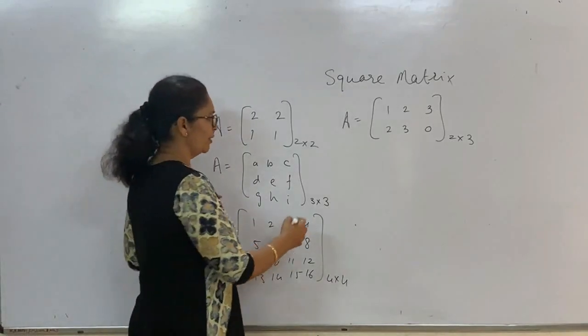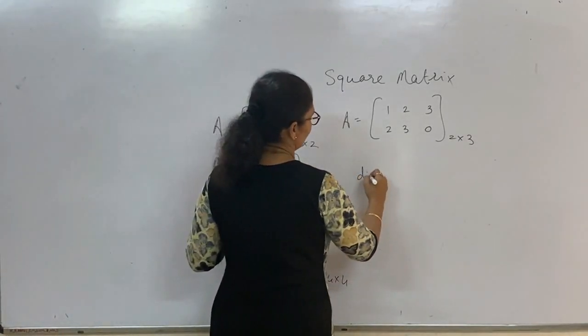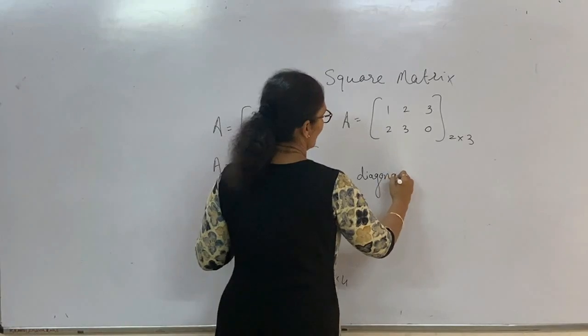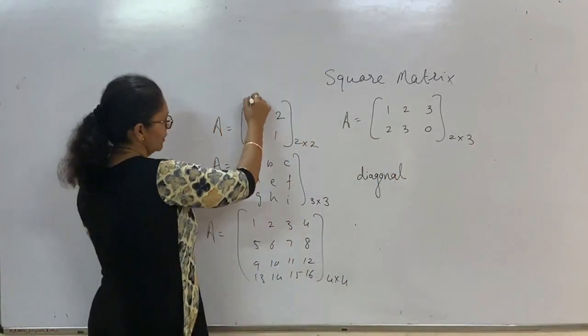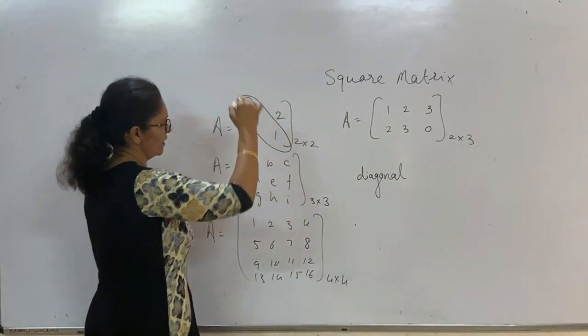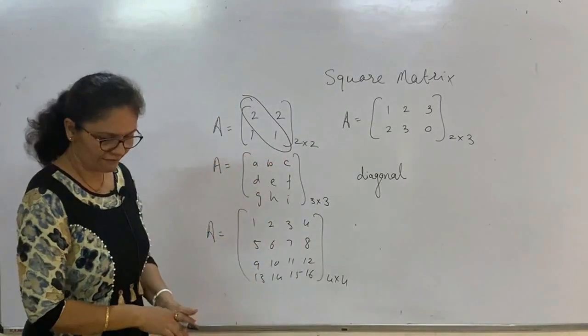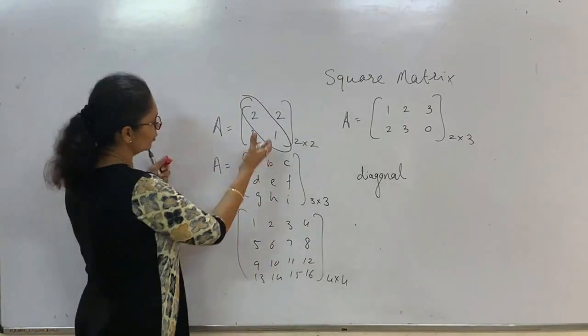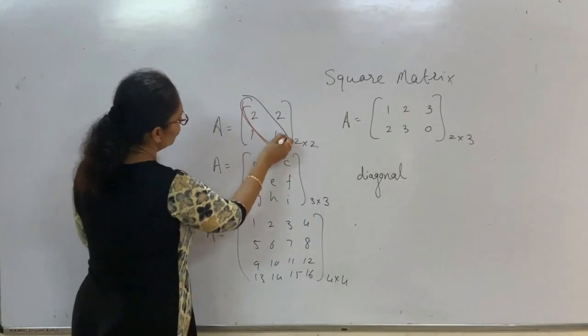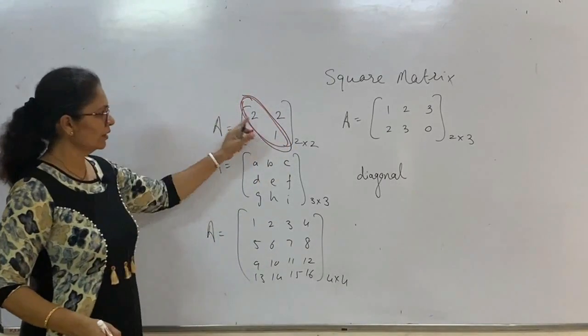Now one very simple matrix, a diagonal matrix. What is the diagonal matrix? If one diagonal is there, this is called diagonal. If I consider this 2 by 2 matrix, so 2, 1 is your diagonal.